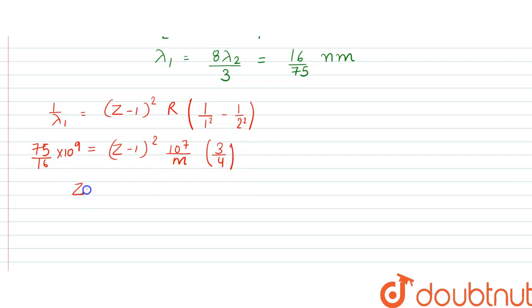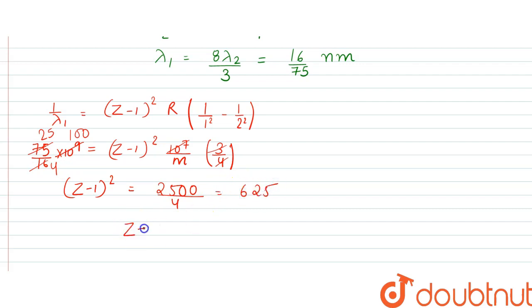So Z minus 1 the whole square equals, from here this cancels, 100 times 4s, and 75 divided by 3 is 25. So it would be 2500 by 4, which gives us 625.